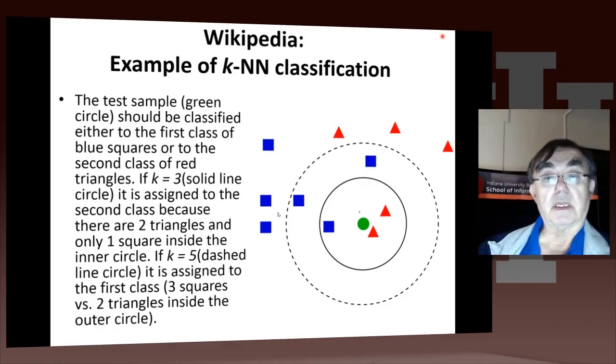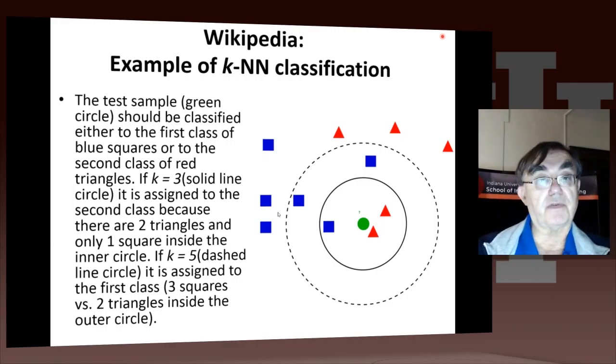Also, here are some little trivial examples taken from Wikipedia of K nearest neighbor classification. We're trying to classify the green circle, and we have 2 categories: a blue category of squares and a red category of triangles. This particular example is not very precise.